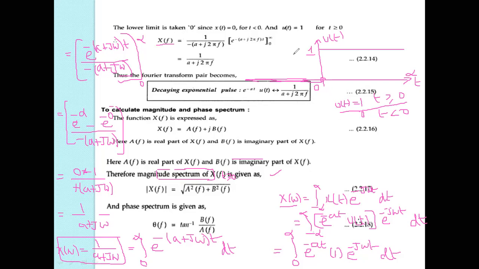And to find the magnitude and the phase spectrum of this function, I'm taking the 1 by a plus j omega in terms of angular frequency, and rationalizing with a minus j omega divided by a minus j omega.